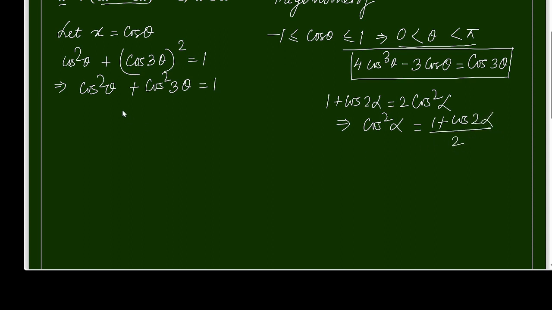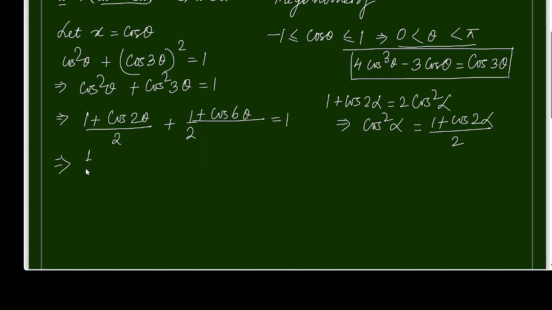So applying this, I'll change both expressions. First one will be (1 + cos 2θ)/2, and second one will be (1 + cos 6θ)/2, equal to 1.